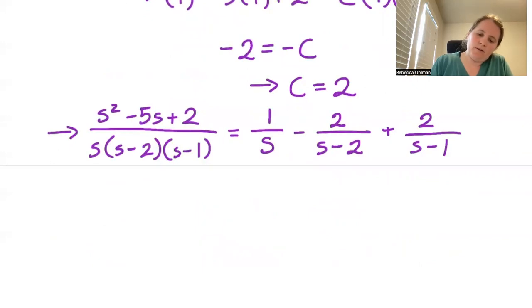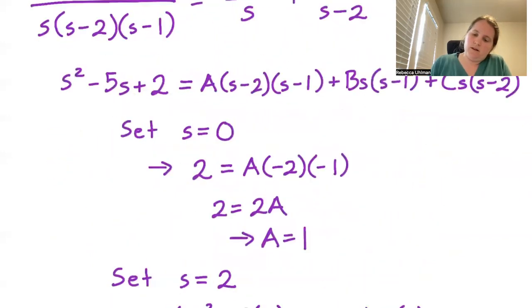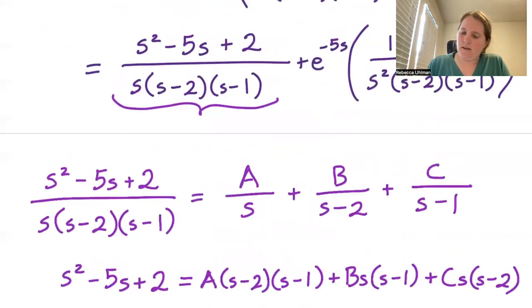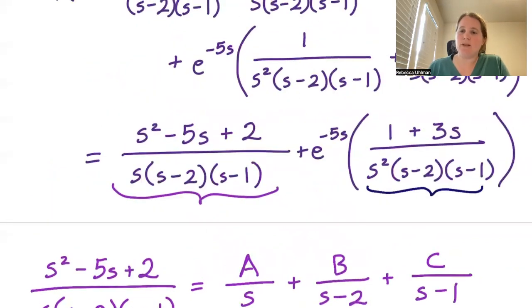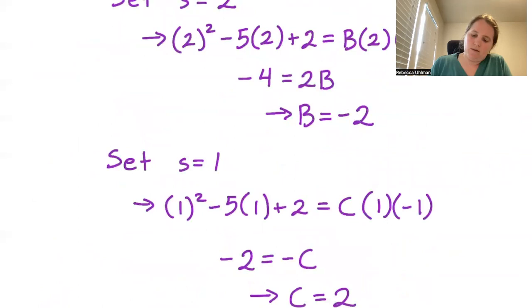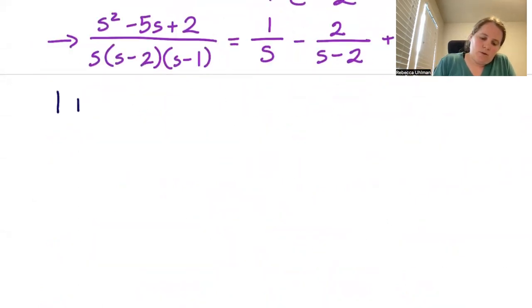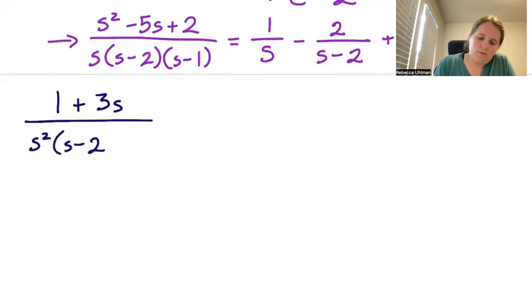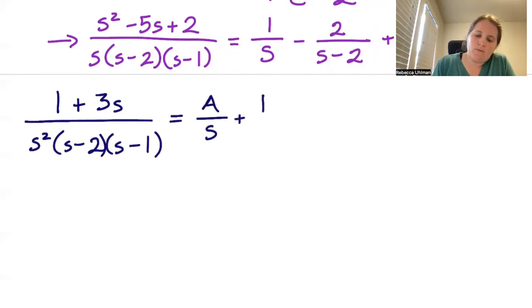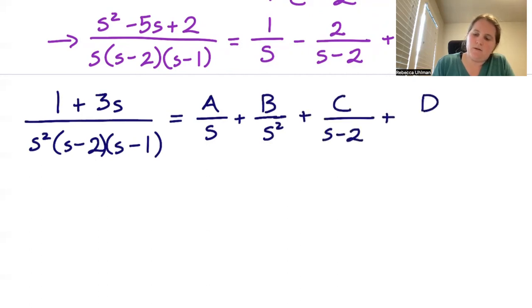For our other component, we had (1 plus 3s) over (s squared times (s minus 2) times (s minus 1)). We should be able to write this as a over s plus b over s squared plus c over s minus 2 plus d over s minus 1.